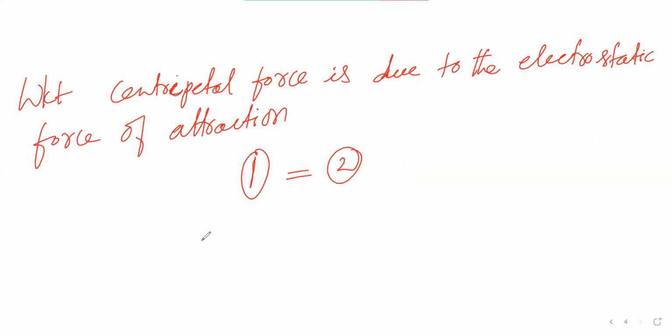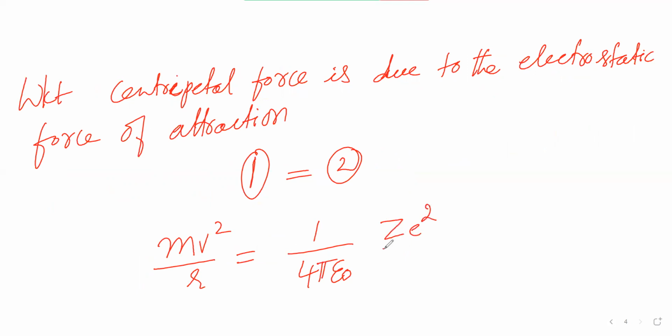So I can rewrite it as mv square divided by r equals 1 divided by 4 pi epsilon naught Ze square divided by r square. m is the mass of the electron, v is the velocity of the revolving electron, r is the radius, epsilon naught is the permittivity of free space, Z is the atomic number, e is the charge. Is it clear?